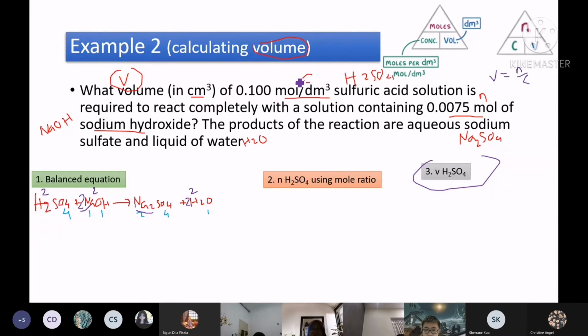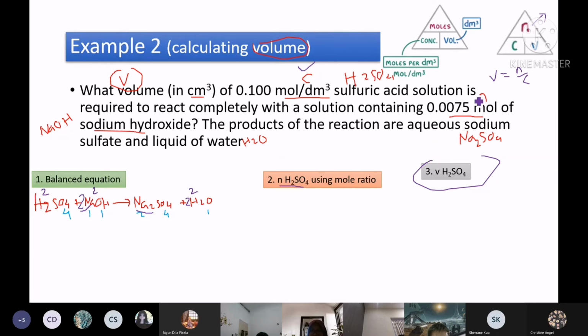We have the concentration of sulfuric acid, right? But we don't have the mole. So we need to calculate the mole of sulfuric acid using the mole ratio, multiplied by the mole of NaOH.